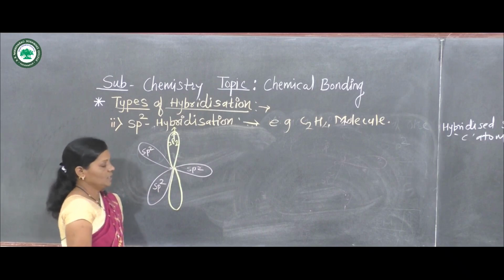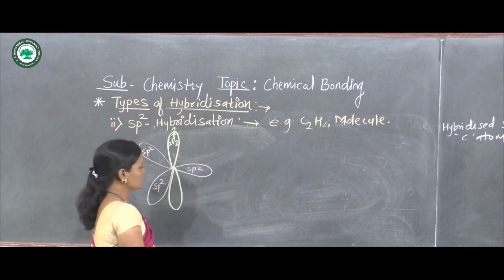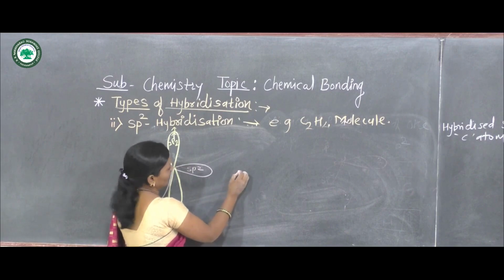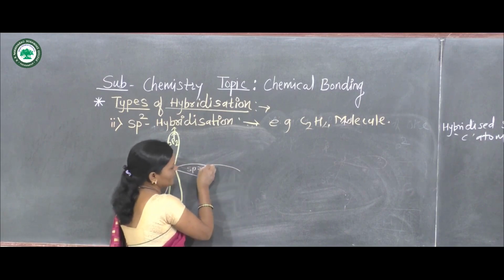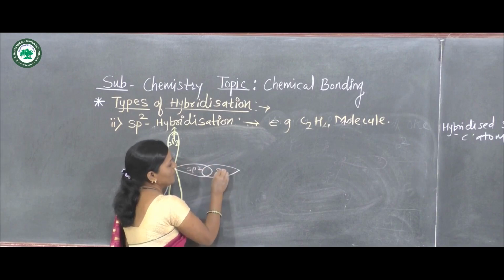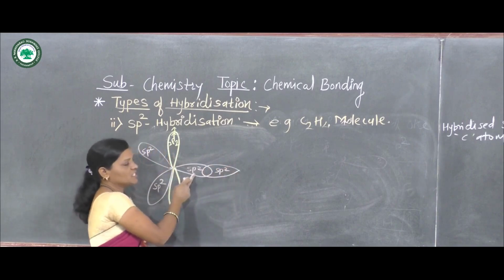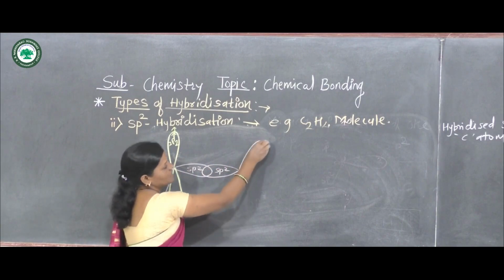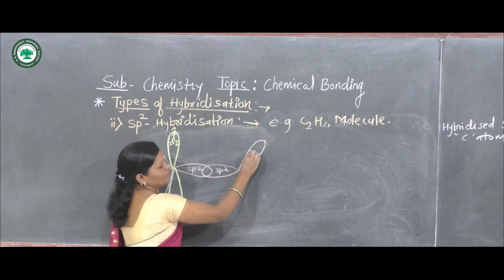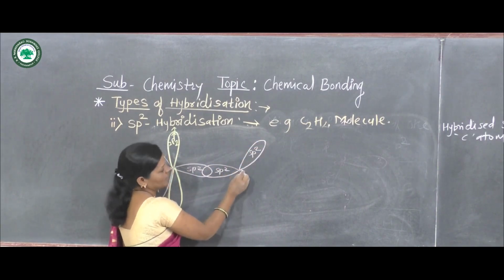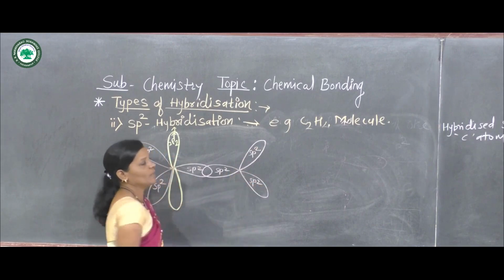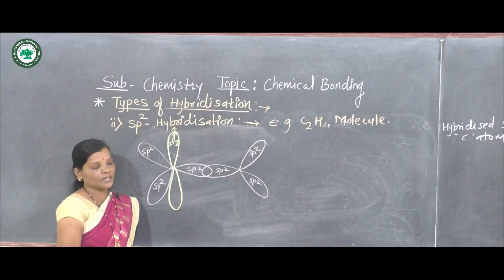Now here the second carbon atom also has 3 sp2 hybrid orbitals, out of which 1 sp2 hybrid orbital overlaps with the sp2 hybrid orbital of the first carbon atom. This one is the second sp2 hybrid orbital of the second carbon atom, this one is the third sp2 hybrid orbital of the second carbon atom.